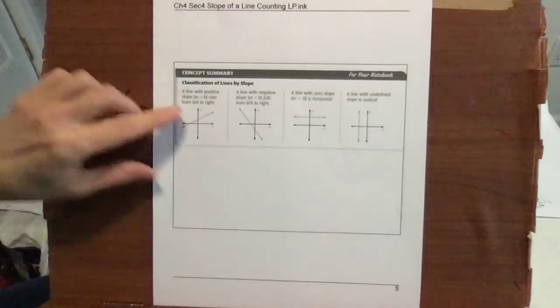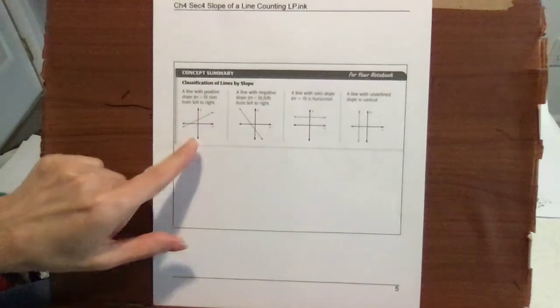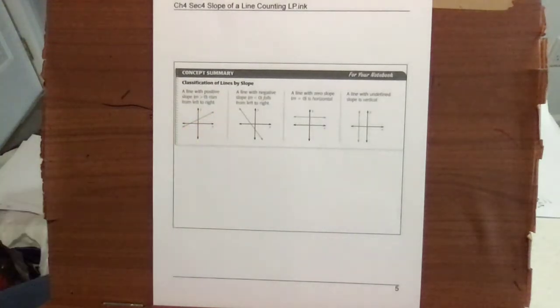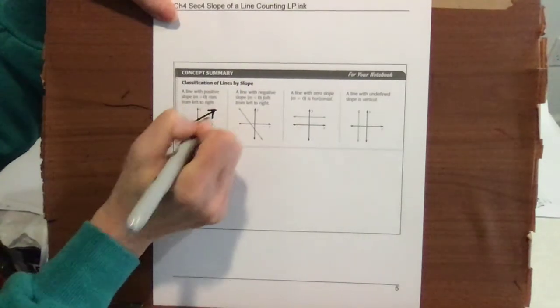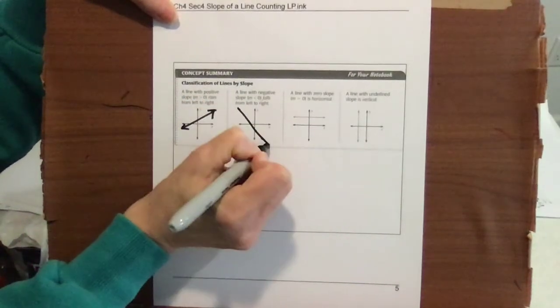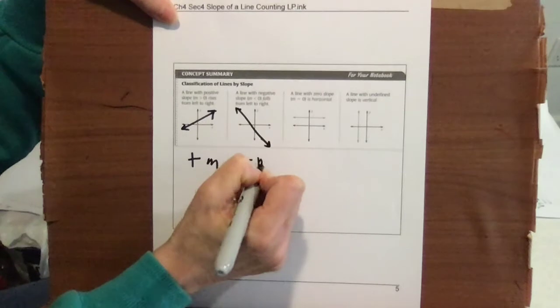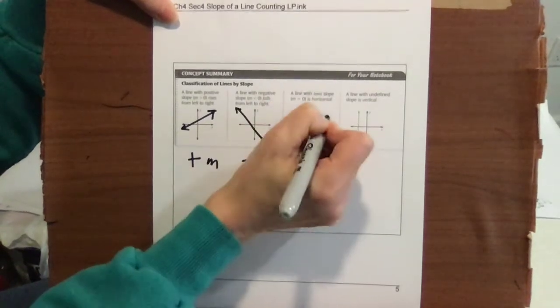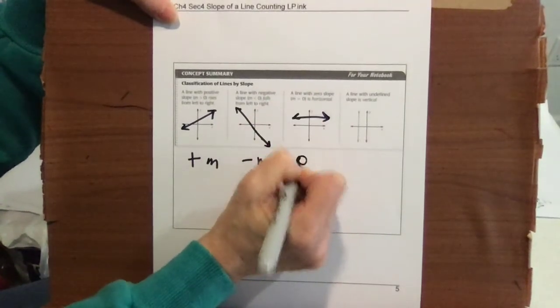All right, so as a summary, you'll have this for your notes. A line that increases has a positive slope. Okay, so if we have an increasing line, positive slope. If we have a decreasing line, it's a negative slope. If we have a horizontal line, it's a 0 slope.